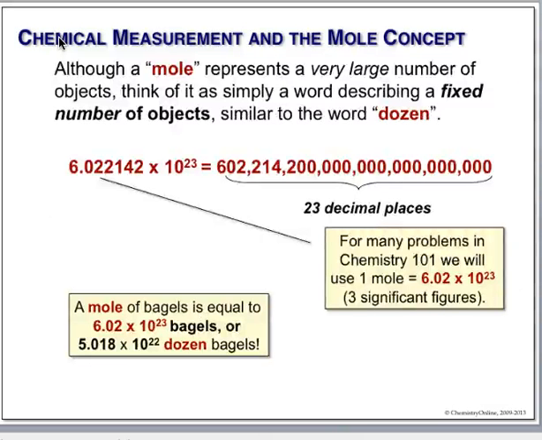That's typical. But again, think about it in terms of being nothing more than a very large dozen. A mole of bagels would be 6.02 times 10 to the 23rd bagels. Just like a dozen's 12. There would be 5 times 10 to the 22nd dozen bagels in a mole. Okay.